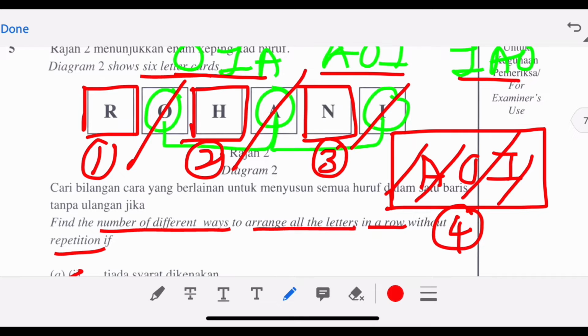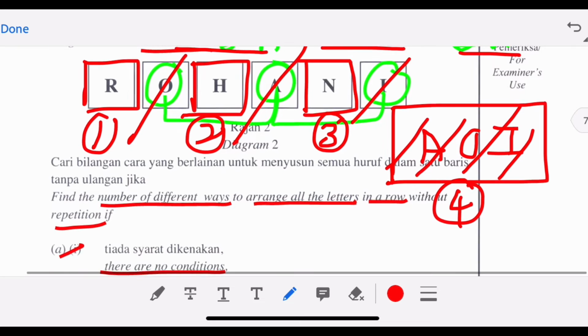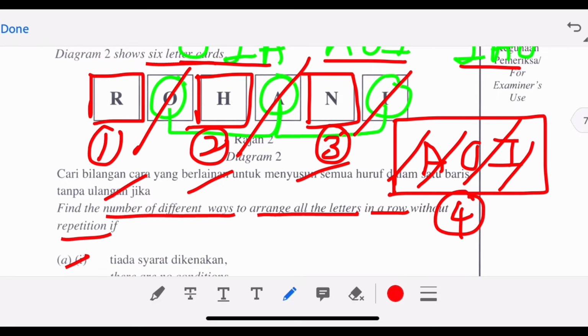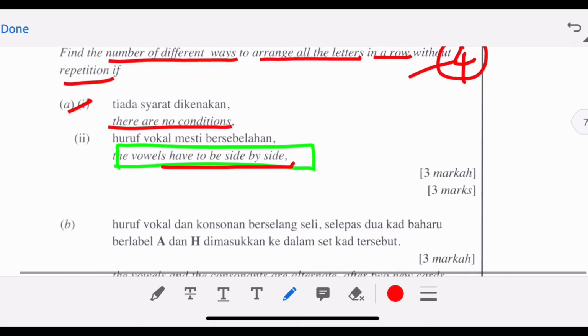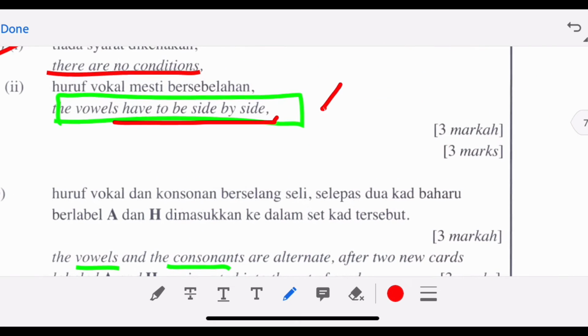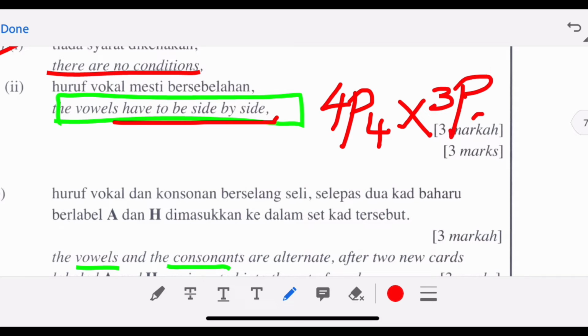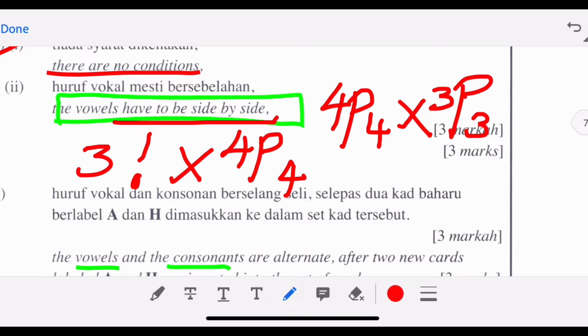The box consists of all the vowels, which have 6 ways to arrange. So that means we are going to arrange 1, 2, 3, 4, we have 4 objects. So the way to arrange is 4P4. And just now we arranged the vowels, 3P3. So the number of ways is to arrange the vowels so they are together, then arrange the consonants and the vowels as one entity, one box.